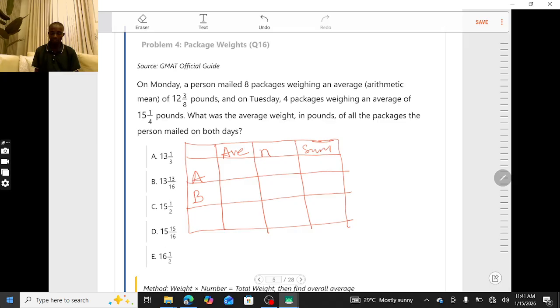Do you agree that 12 whole number 3 over 8, if you are working it back, will be 12 times 8 plus 3? 12 times 8 is 96, since 8 times 10 is 80 plus another 16. 96 plus 3 is 99. That is 99 over 8.